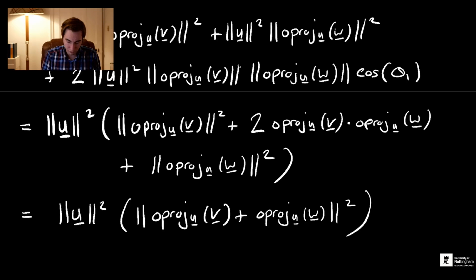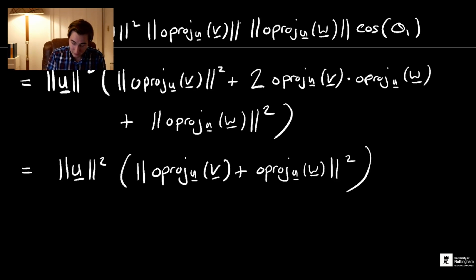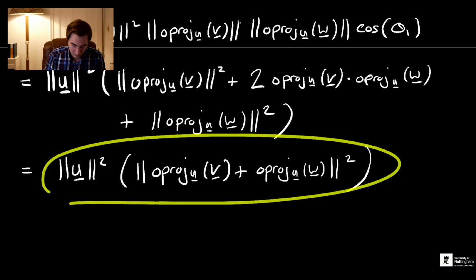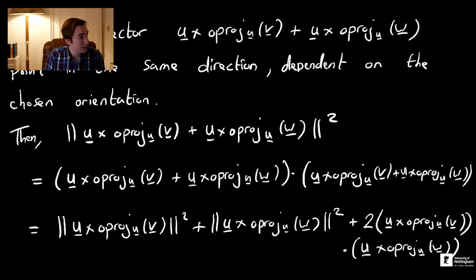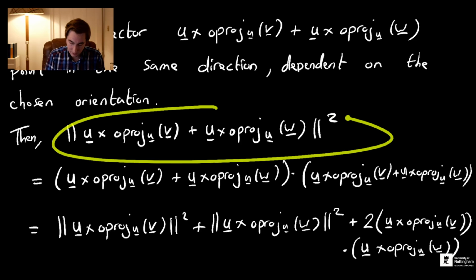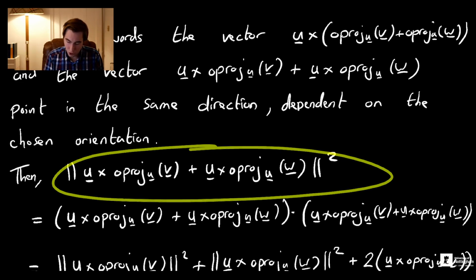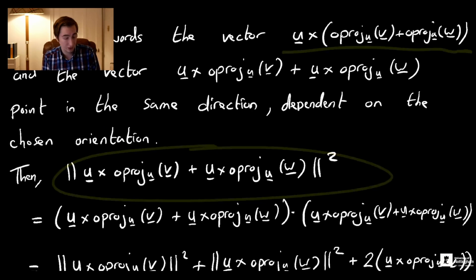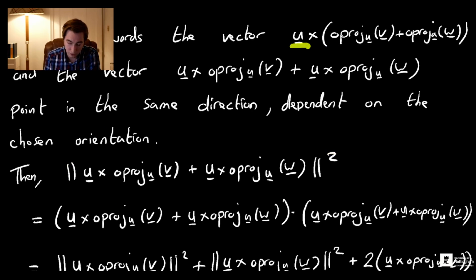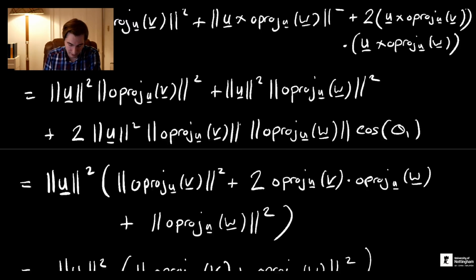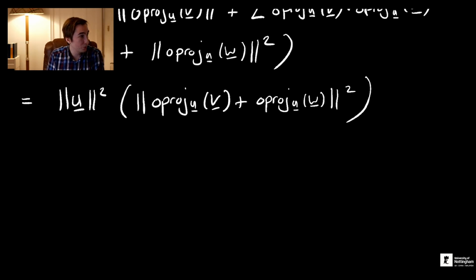In other words, we realize that this whole thing here, which we've said is equal to this thing here, is clearly equal to the norm of this thing, right? Because if I take the norm of this thing up here, that's just the norm of u times the norm of this whole thing, because this thing must be orthogonal, and that's exactly what we've got here, but just with squares, because we did the whole expression, so the norm of u squared.